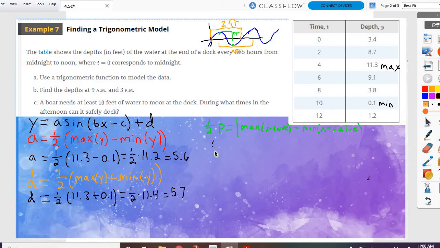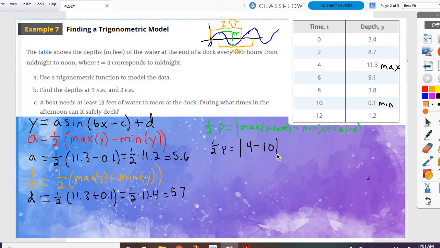So again, we have half of our period, we have the absolute value. So if we look at our maximum value is 11.3, the x value that's associated with that is 4. Then we have our minimum value, which is 0.1, and the value that's associated with that is 10. And then we're just going to work it out.